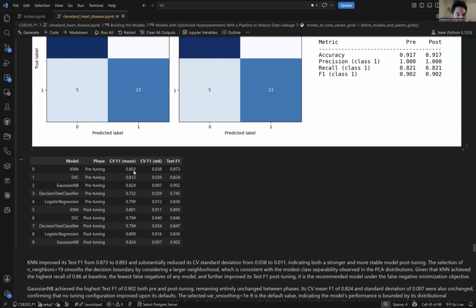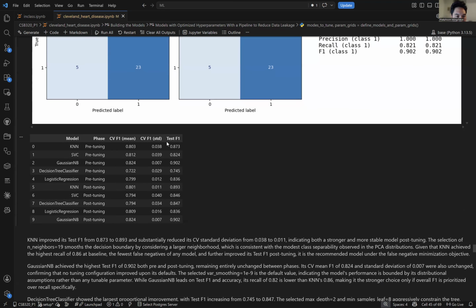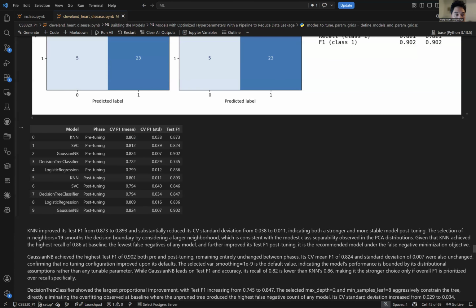So here, when we look at the F1 mean and the F1 standard deviation in tests, pre-tuning versus post-tuning, looking at all of them here, the standard deviation is really small compared to the mean, meaning that the models are nice and stabilized and doing a pretty good job at generalizing the data set.